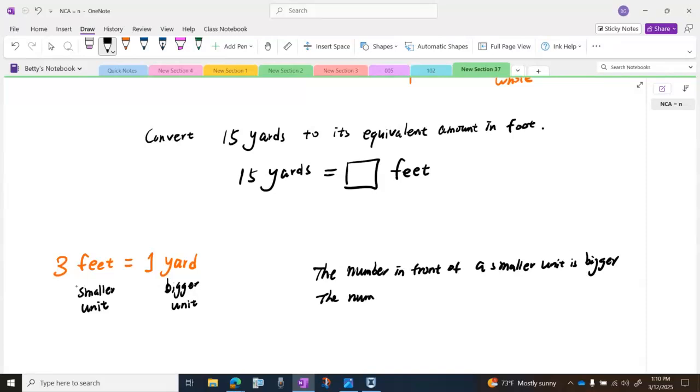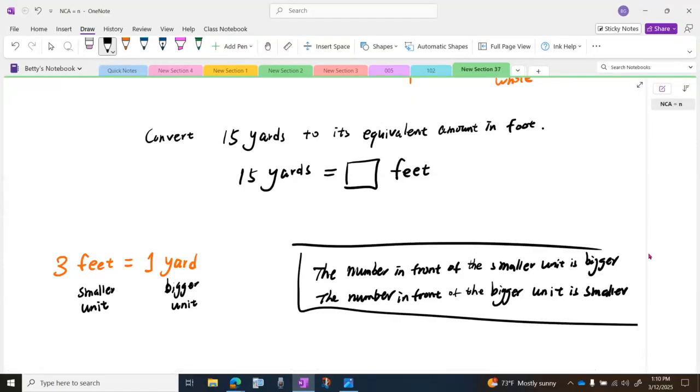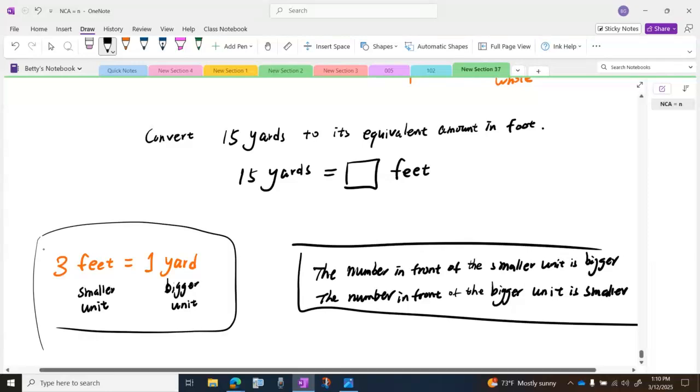The number in front of the bigger unit is smaller. All right? So all we need to learn today is to understand this rule and apply it to solve problems. So as you can see in this formula, 3 feet equals 1 yard.